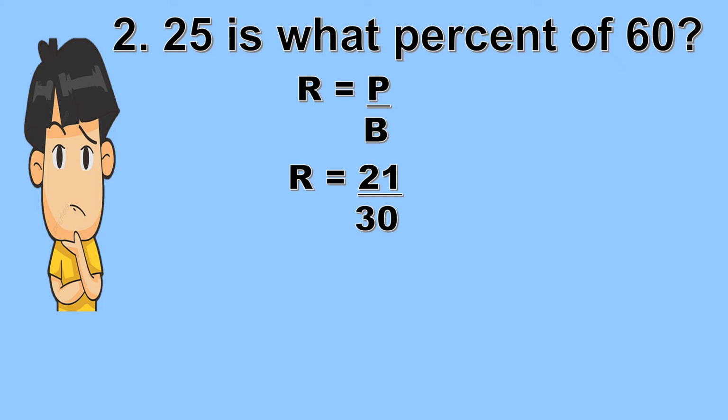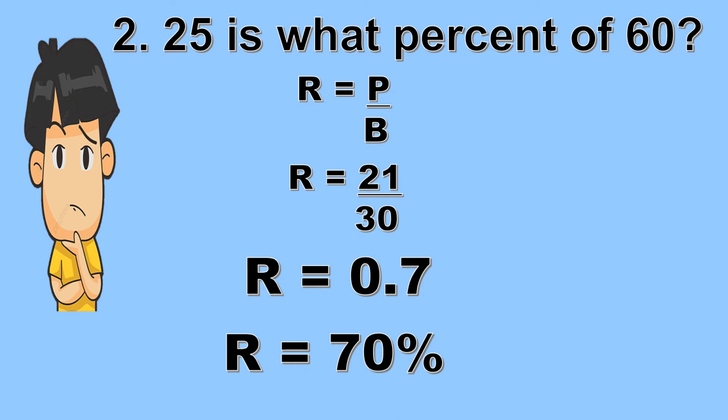Then, divide. 21 divided by 30 equals 0.7. Since the unknown is rate, we will convert 0.7 into percent by simply moving 2 decimal places to the right. Therefore, the answer, rate, equals 70%.